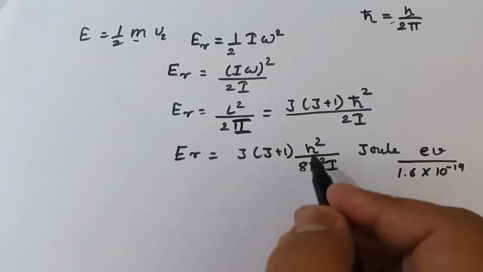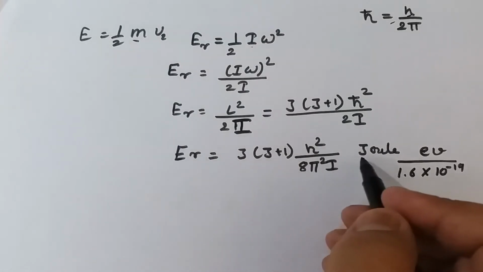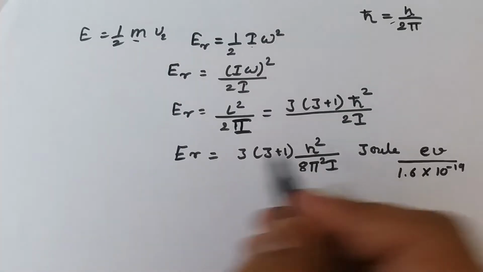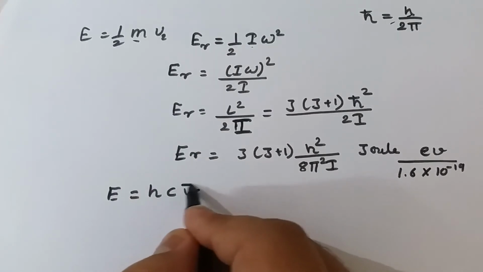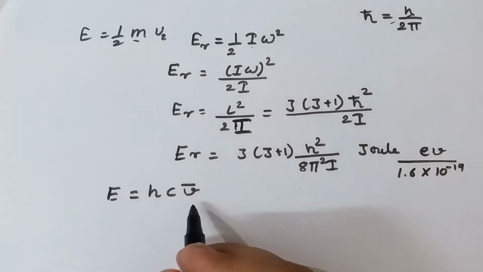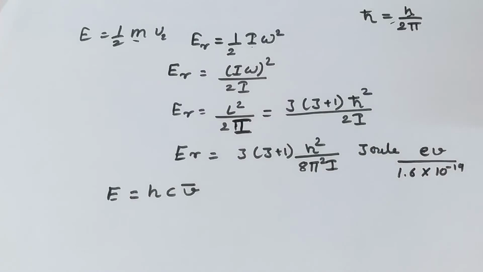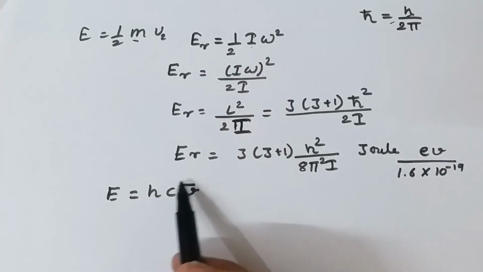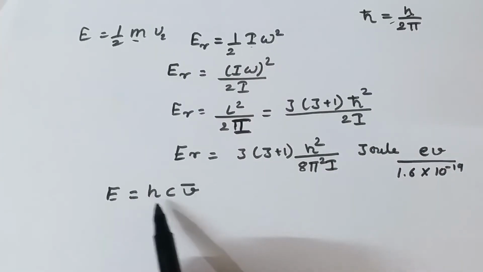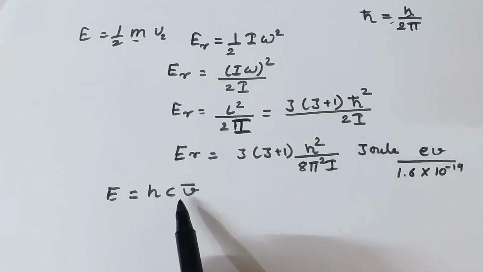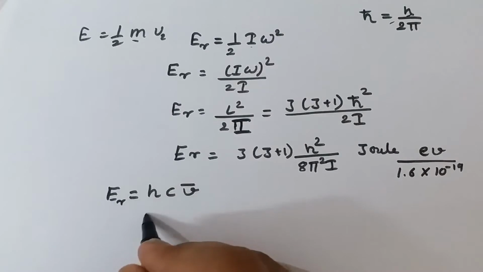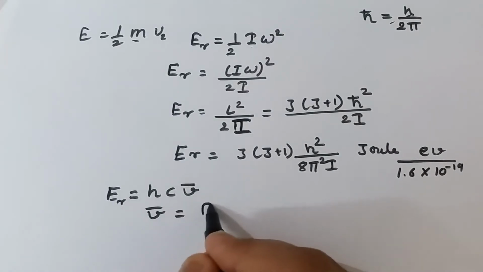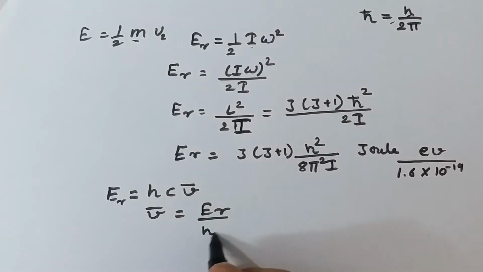If we want to represent the value of energy in centimeter inverse, then as we know the energy E is h c mu bar, where mu bar is the wave number. If we represent the value of mu bar, that would be the value of energy in terms of centimeter inverse. So mu bar is equal to ER upon hc.